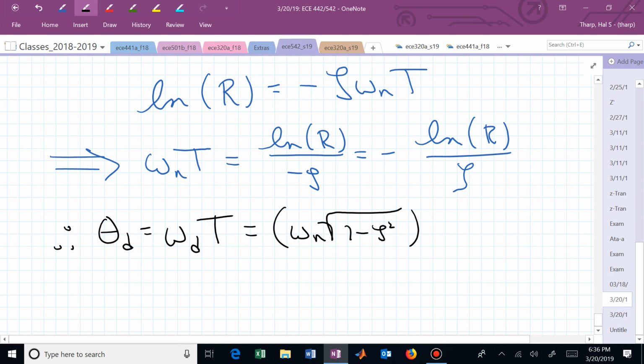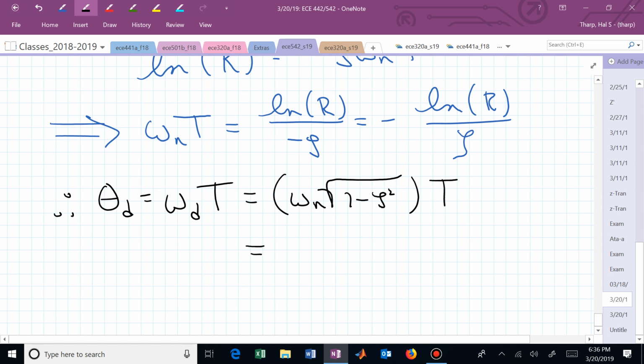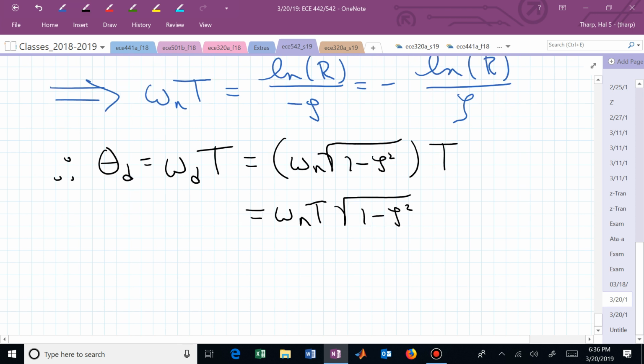That was the imaginary component of our location in the S-plane, times t. Well, that t can be slid around. It's just a scalar. Let's slide it in and have it be the product, omega sub n t times the square root of 1 minus zeta squared.